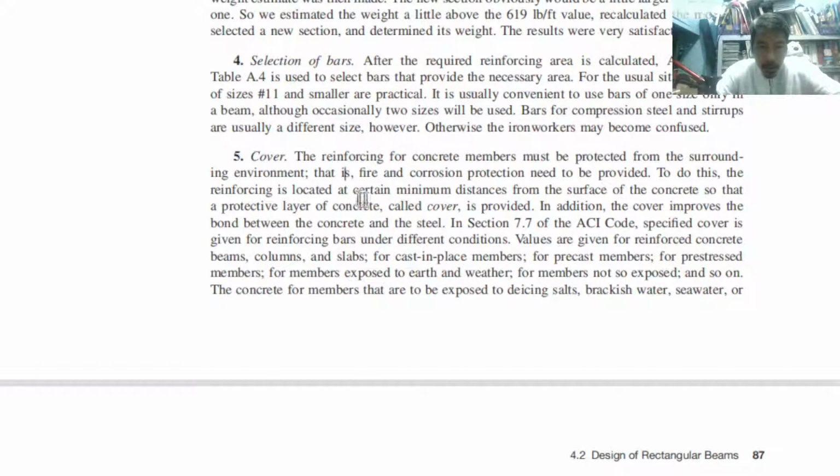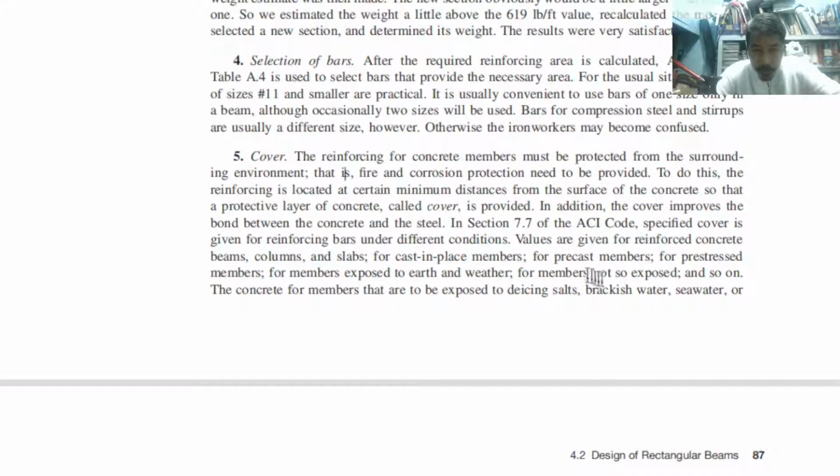For concrete cover computation, reinforcing is located at certain minimum distances from the surface of the concrete so that a protective layer of concrete called cover is provided. Again and again, I have explained this several times.